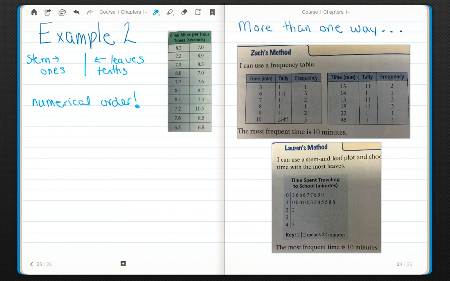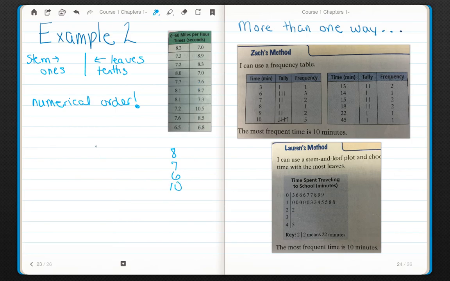So I see an 8, I see a 7, I see a 6 down here, 7, 8, 7, 8, 8, and a 10.